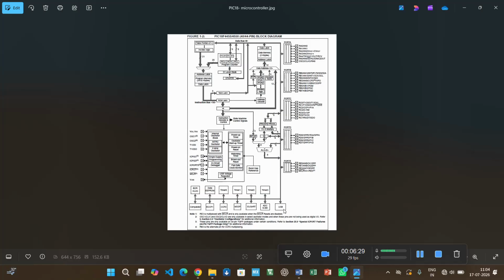Either it is happening in the port, or in timers, or in the watchdog timer areas, or in the split of these oscillator signals, that differs according to the usage.